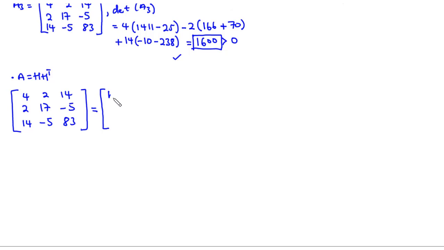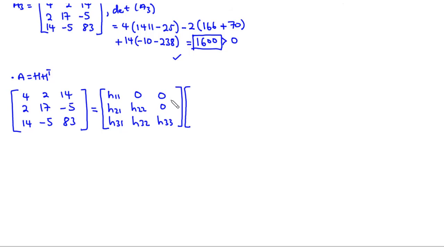We are going to have H11, H21, H22, H31, H32, and then H33. And then we have the rest of the elements to be 0, 0, 0 times its transpose.